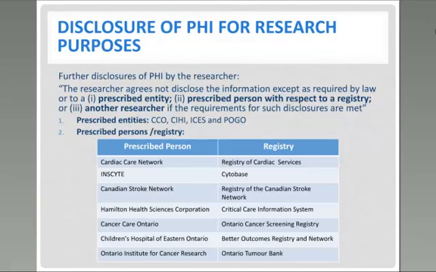So, for example, things like disclosure to one of these prescribed entities or registries, disclosure to another researcher, all of those things are going to have to be addressed in your plan and not only approved by the REB, but also you'll require the agreement of the custodian to make those further disclosures.